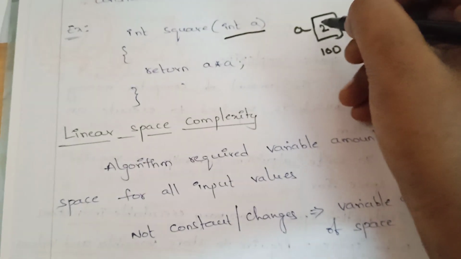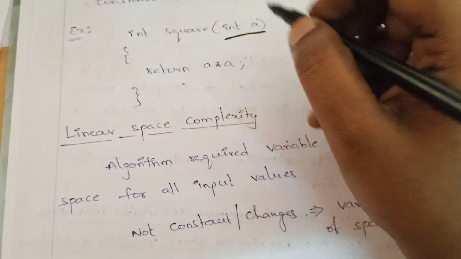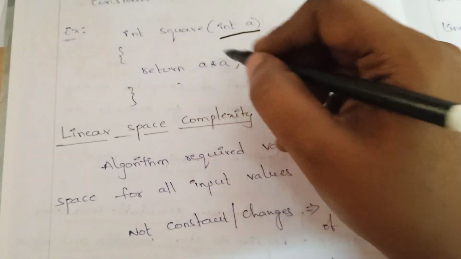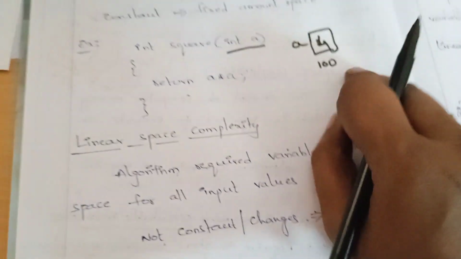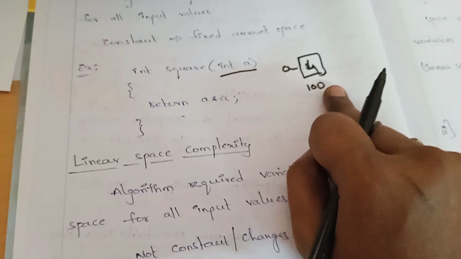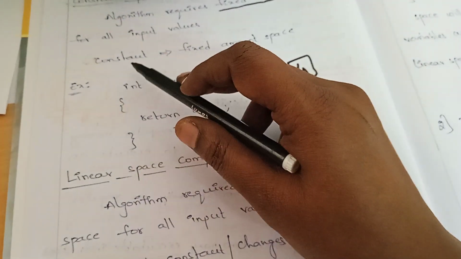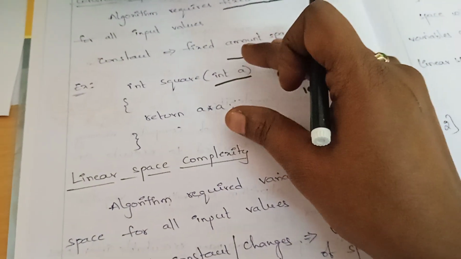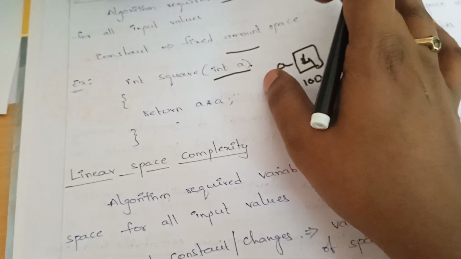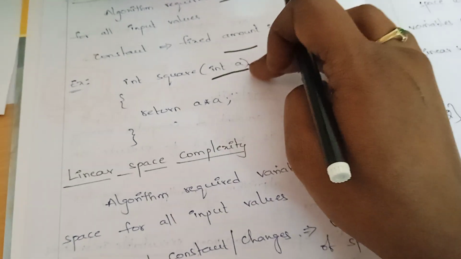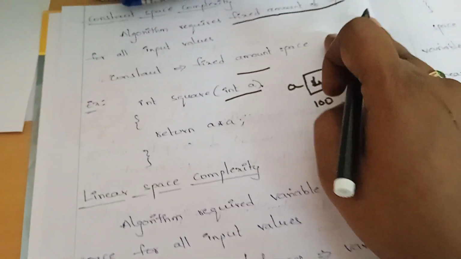So this value 2, as I gave, is 2 into 2 equals 4. So that 4 will get updated into a. So what is this telling? This is a fixed amount of space, or a constant amount of space. You have a constant number of variables, that is one variable. So when you have a constant number of variables in the algorithm, that is what a fixed amount of space is.